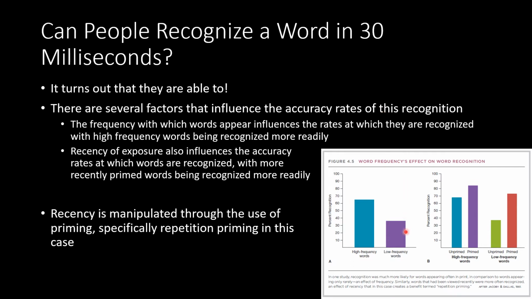Whereas they're able to recognize significantly fewer words when they are low frequency words, somewhere around the order of 35%. And if you spend some time thinking about this, it makes some intuitive sense. There are some strange words that you don't come across often, like let's say quandary, and there are other words that you see all the time, like cat.